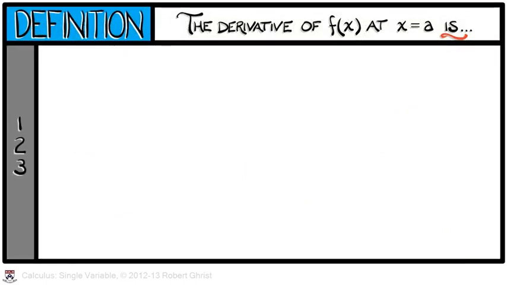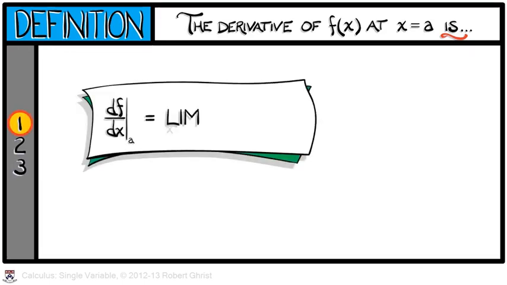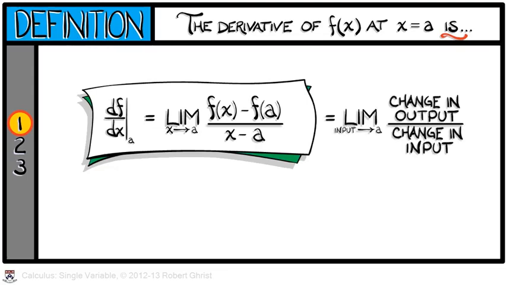We'll consider three different definitions of the derivative. The derivative of f at x equals a is, first, the limit as x goes to a of f of x minus f of a over x minus a. This might not be the definition that you recall seeing, but it's a great definition because you can interpret it as the limit of the change in the output over the change in the input as the input tends to a.